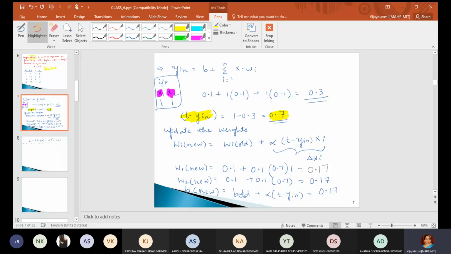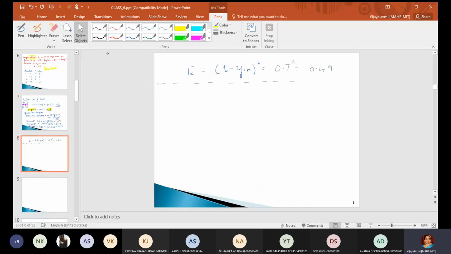Okay. Now same way, we have to go for the second input. Calculate y in, calculate t minus y in, calculate w1 new, w2 new, b and e. Please calculate. Now what is the second input in our truth table?